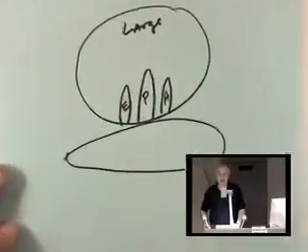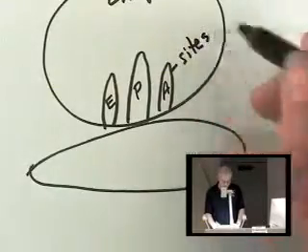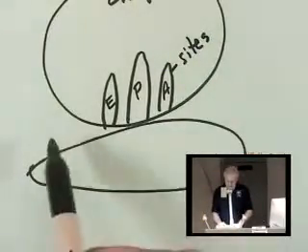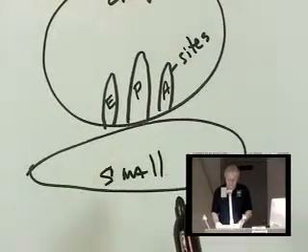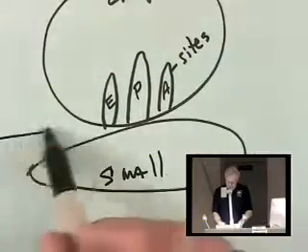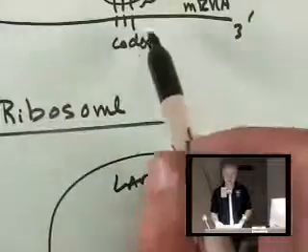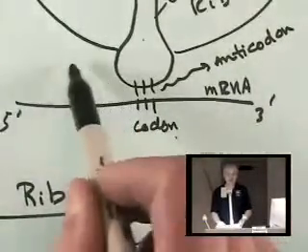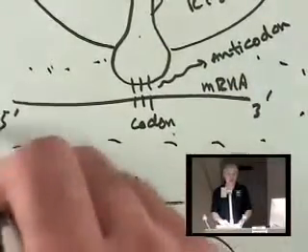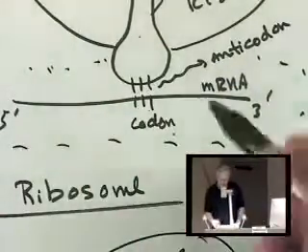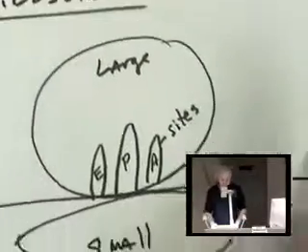So A, P, and E sites in the large subunit. In between, and then this is the small subunit here. And the messenger RNA would be lying there in between those. So up here, what we didn't draw in is there should be the small subunit of the ribosome somewhere here holding the messenger RNA for the tRNA to come in.